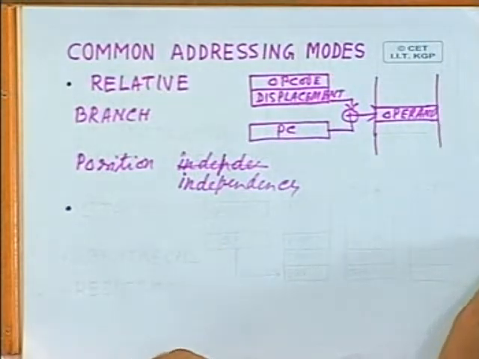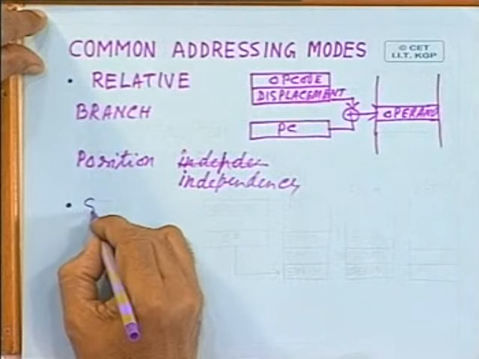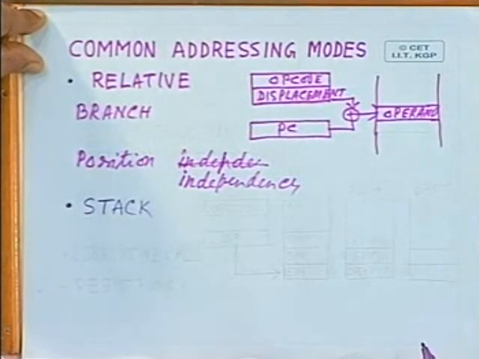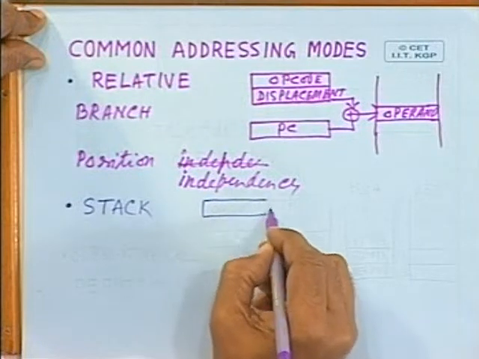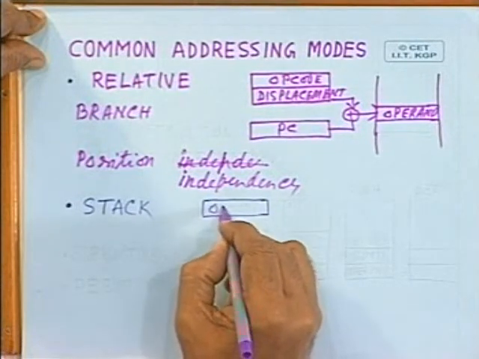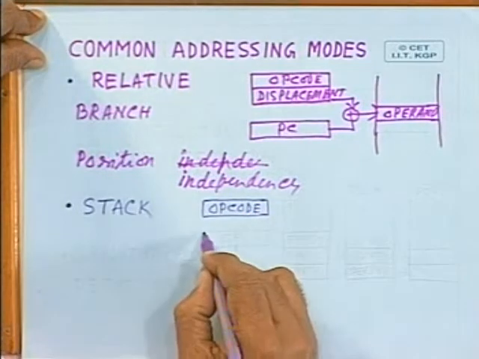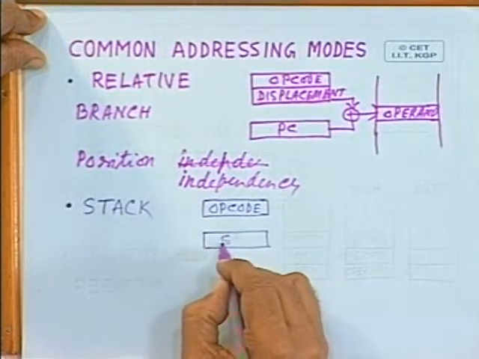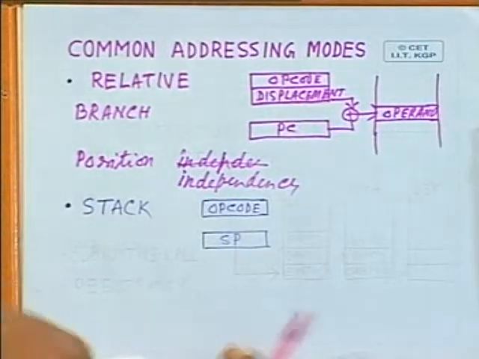Okay. Finally, we shall discuss the last addressing mode, that is stack addressing. In stack addressing, your opcode is simple, and you already know that there is a stack pointer, SP, with the help of which the stack is implemented.